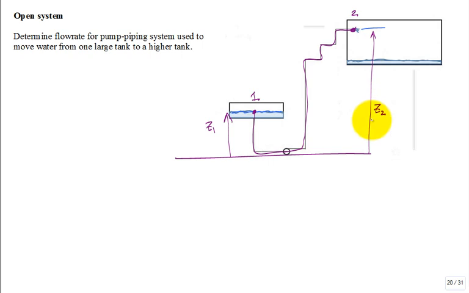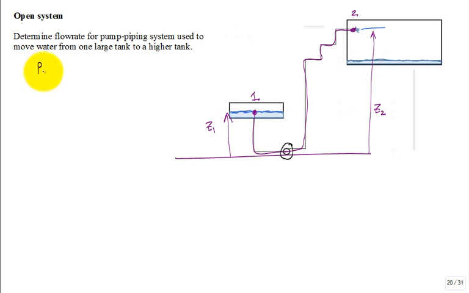You were going to try to put a pump in there to make the system work, right? Well, the head gain introduced by the pump balances the head loss as well as the elevation change for the flowing fluid. So if we write Bernoulli's equation down, let's just write it one long time.